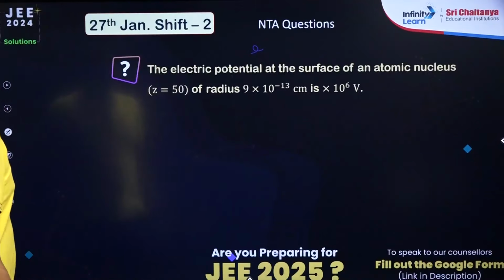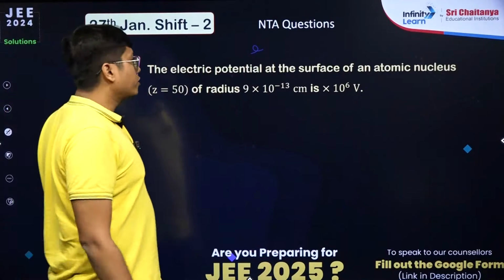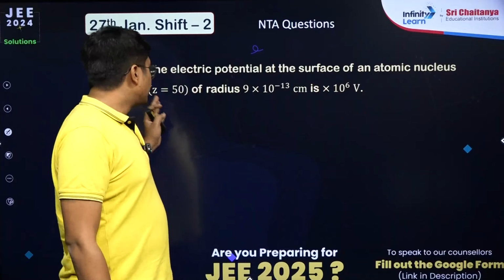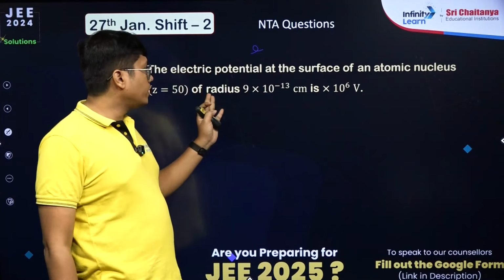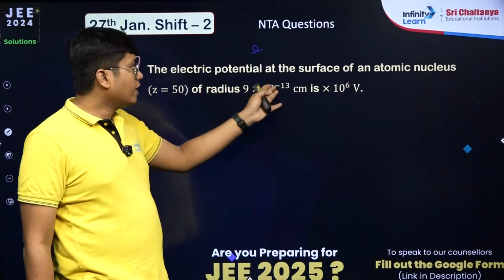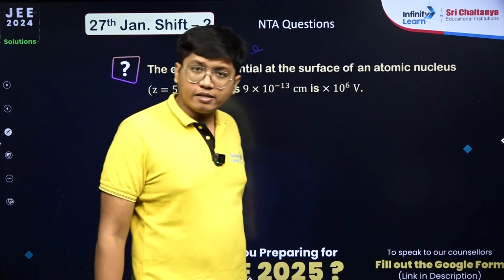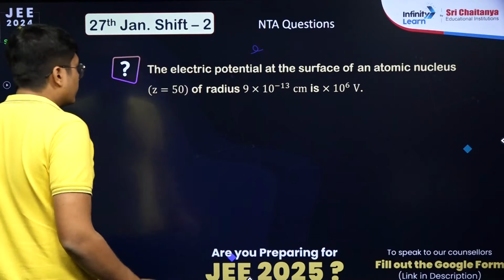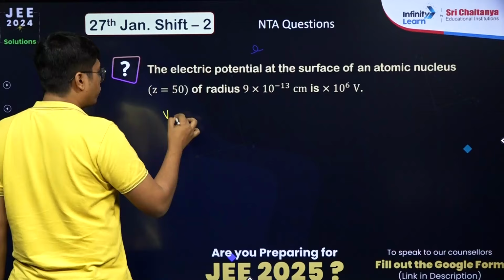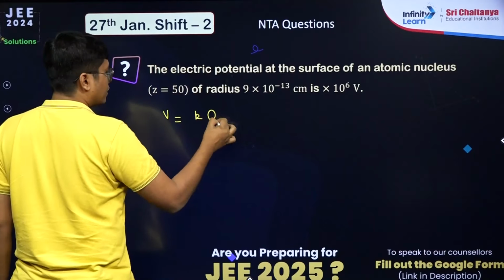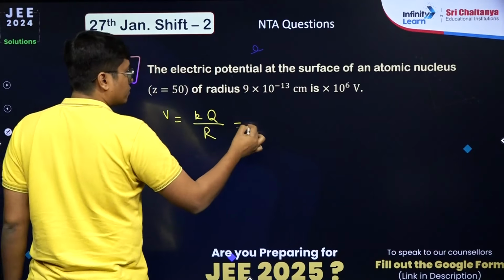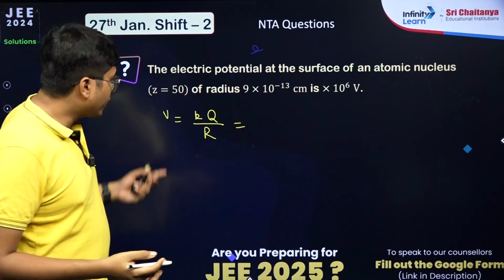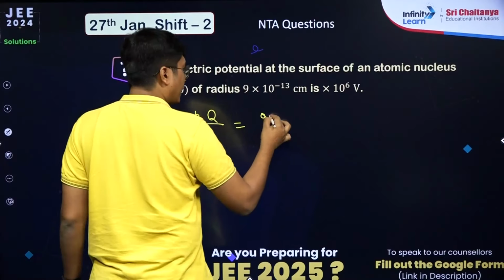Next one says electric potential at the surface of an atomic nucleus of Z equal to 50 and radius 9 into 10 to the power minus 13 centimeter is how much? So over here we have the potential formula, which is technically kq by r on the surface of any spherical body. K is 9 into 10 to the power 9.